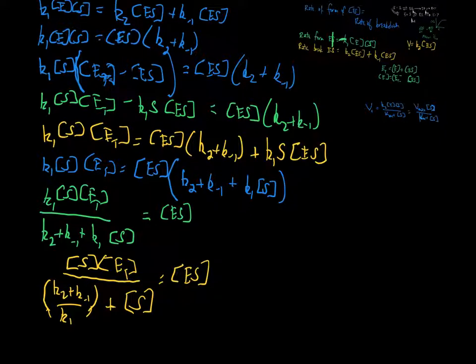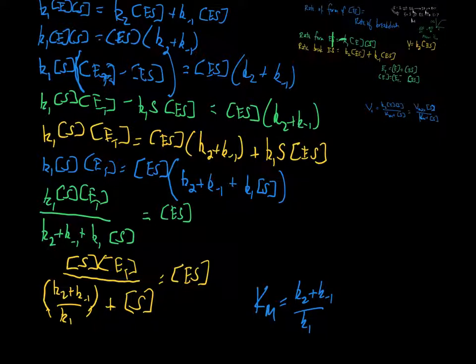That's where the capital Km came in. And so rather than having to write that out every single time over and over again, they just say Km. And in this instance, that Km is equal to K2 plus K minus 1 divided by K1. And it literally means it's just the ratio of all the kinetic rate constants involved right there. Okay. It's not really a fudge factor, but it makes it so much easier to write.